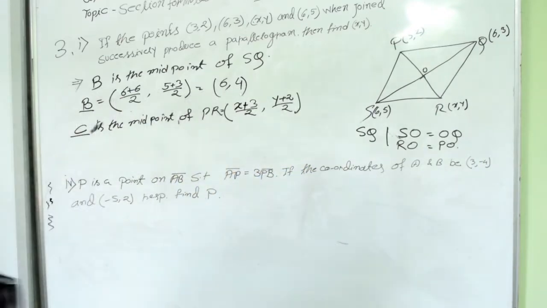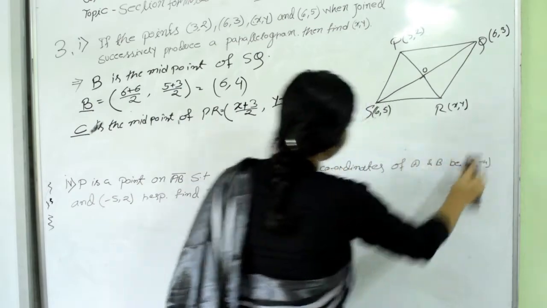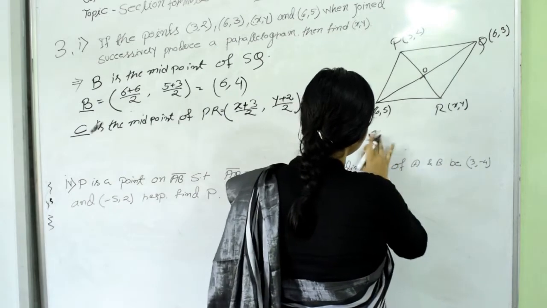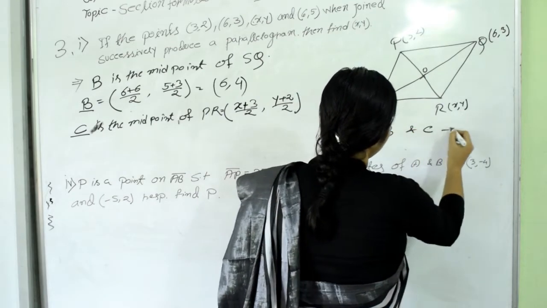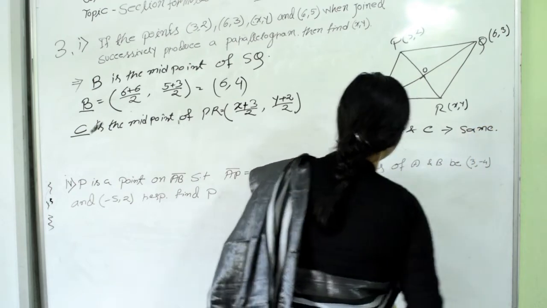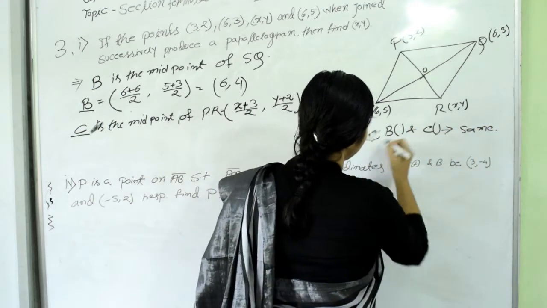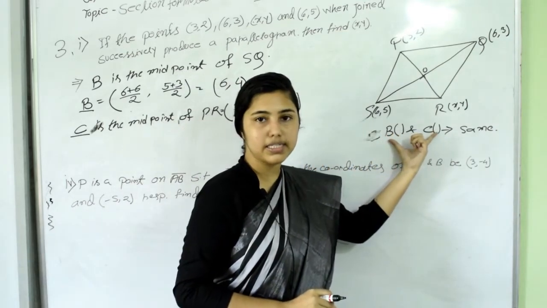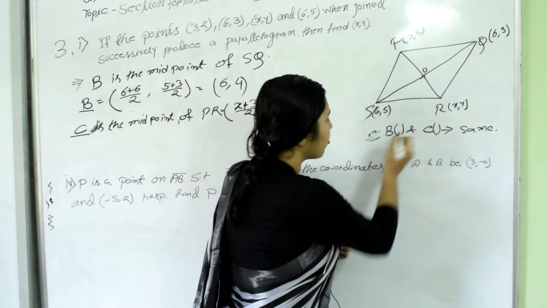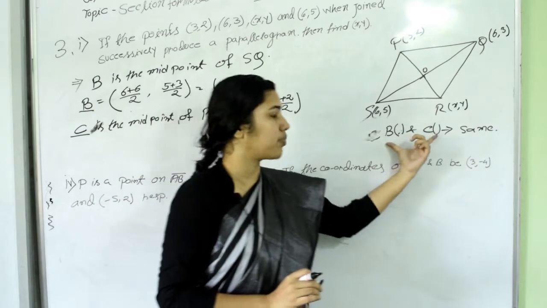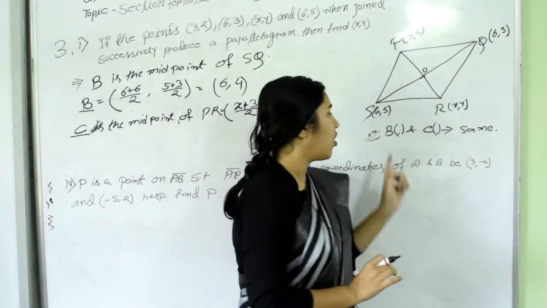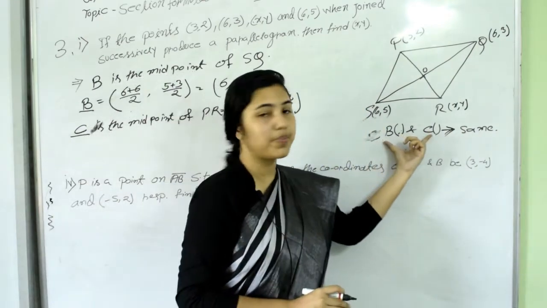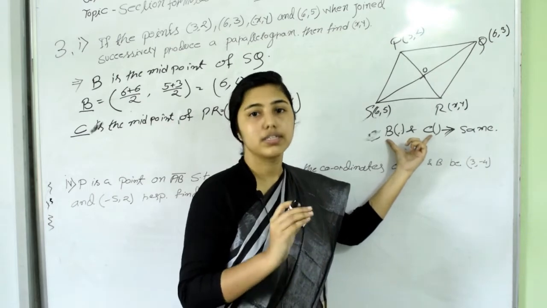Now let me explain. When we say that 2 points, suppose here B and C, are the same, which means the x coordinate of these 2 points B and C are the same, and also the y coordinate, which is the ordinate, of these 2 points are also the same. Only in that case we can say that B and C, these 2 points, are the same.